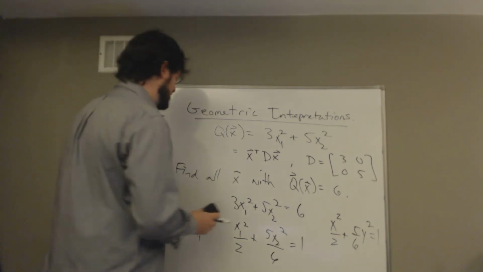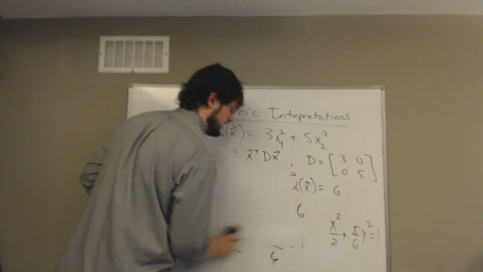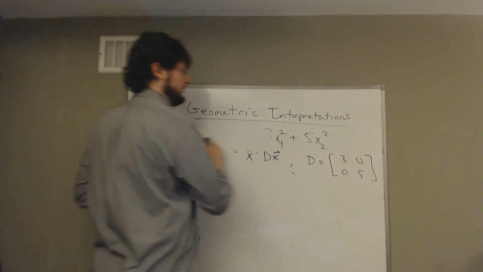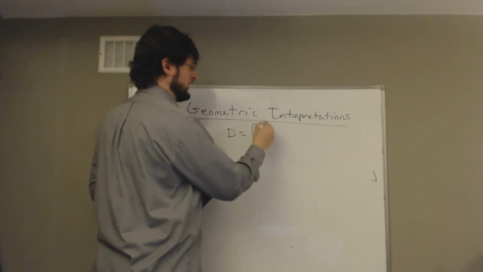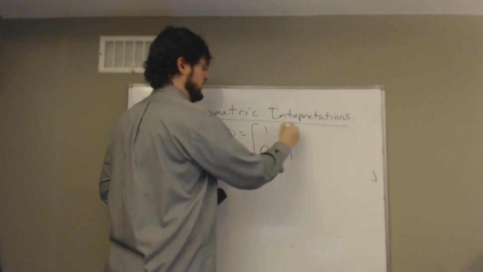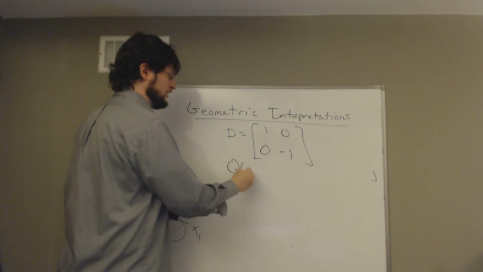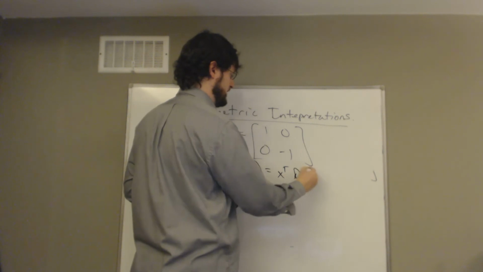Now, if I had a quadratic form that had some pluses and minuses in it, suppose that D were something like 1, minus 1, and q at x is x transpose Dx.